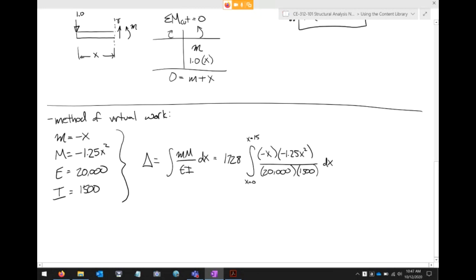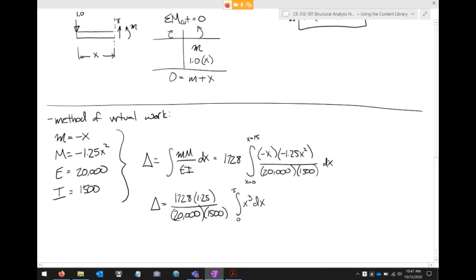All right. Now, what I'm going to do from here is, at this point, this is a calculus problem. This is just straight up Calc 1. And so the way that I'll do this is I'll say deflection equals 1728 times 1.25 over 20,000 times 1,500 times the integral from 0 to 15 of x cubed dx.